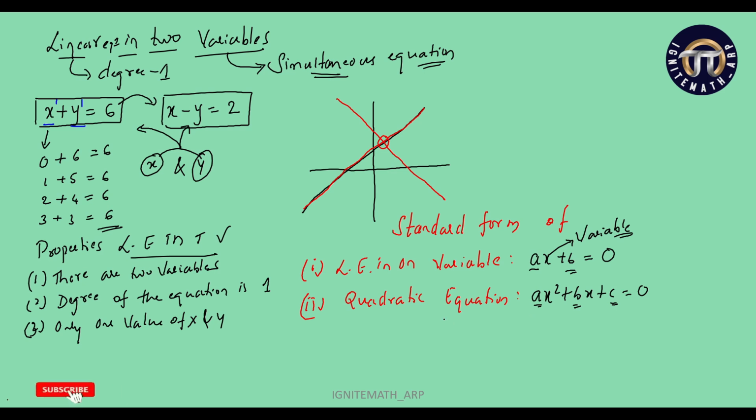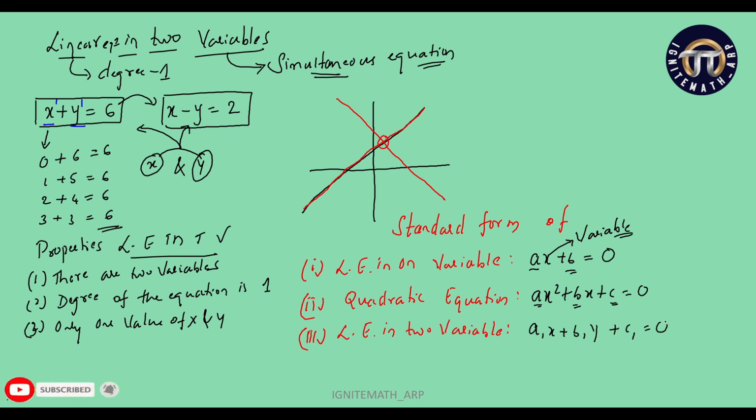But when it comes to linear equations in two variables, keep in mind, children, the standard form of a linear equation in two variables is a1x plus b1y plus c1 equal to 0.